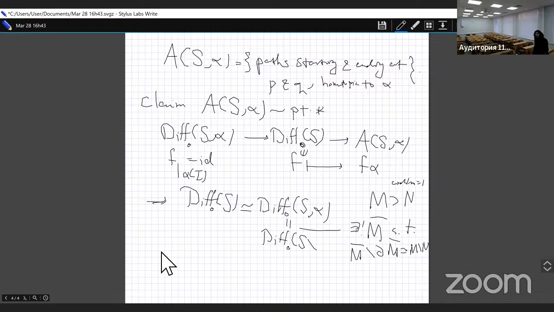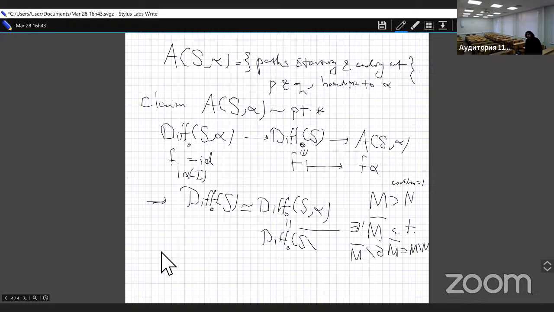Okay, so basically what we did, assuming this homotopy equivalence, we did reduce the statement that we're after to the case of the two-disk, and there's one problem.